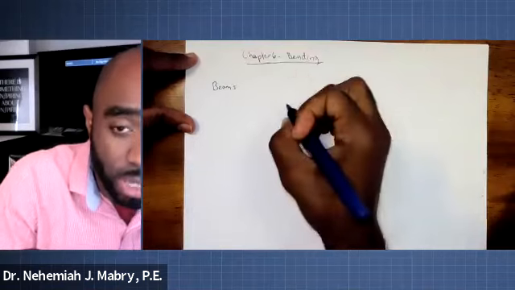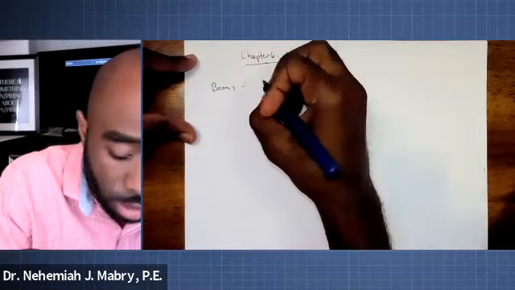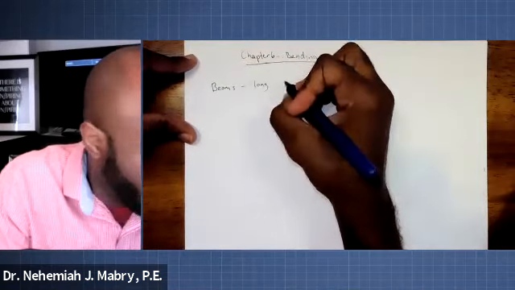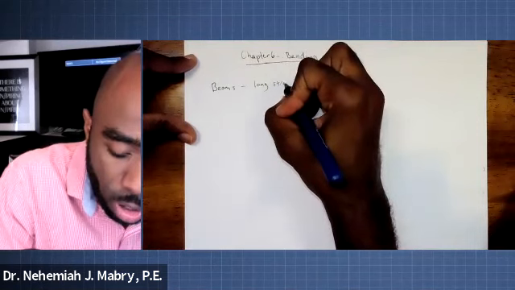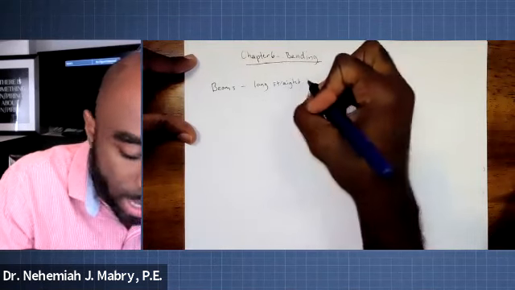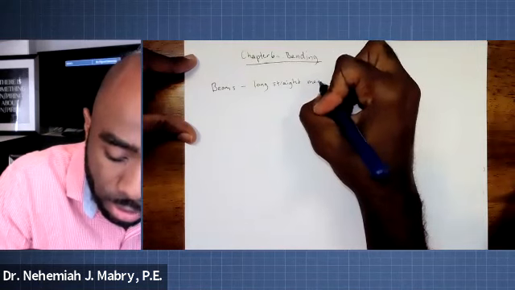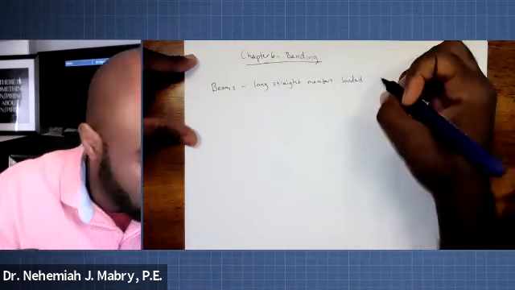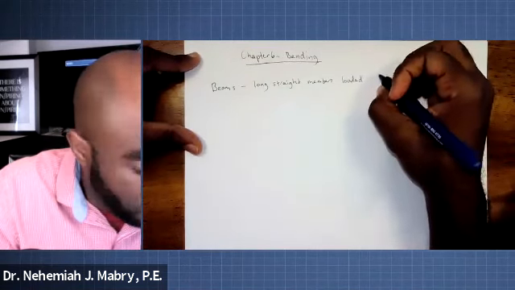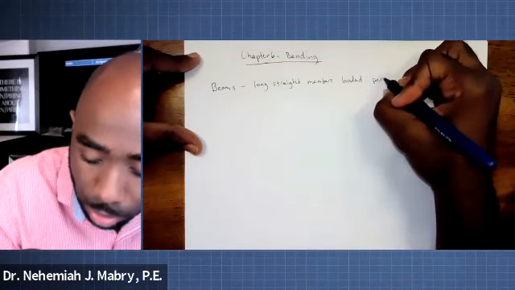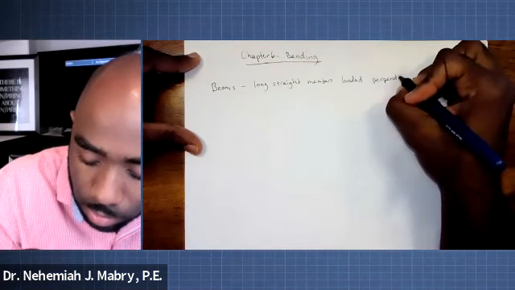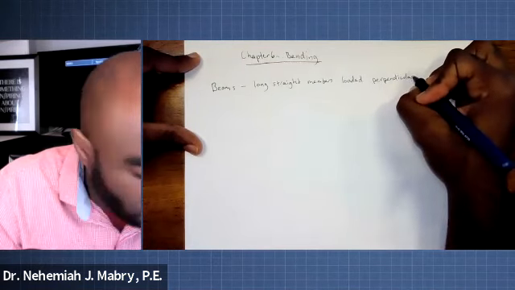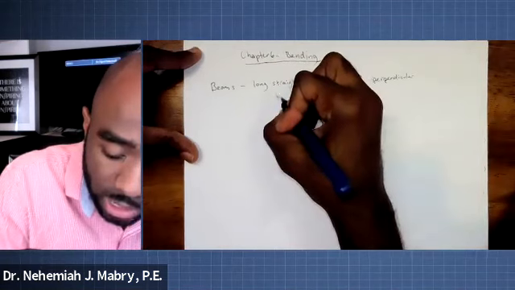So just to give you a quick definition, and this is just for the sake of making sure that we're all on the same page: beams are long, straight members loaded, in our case, perpendicular to the longitudinal axis.